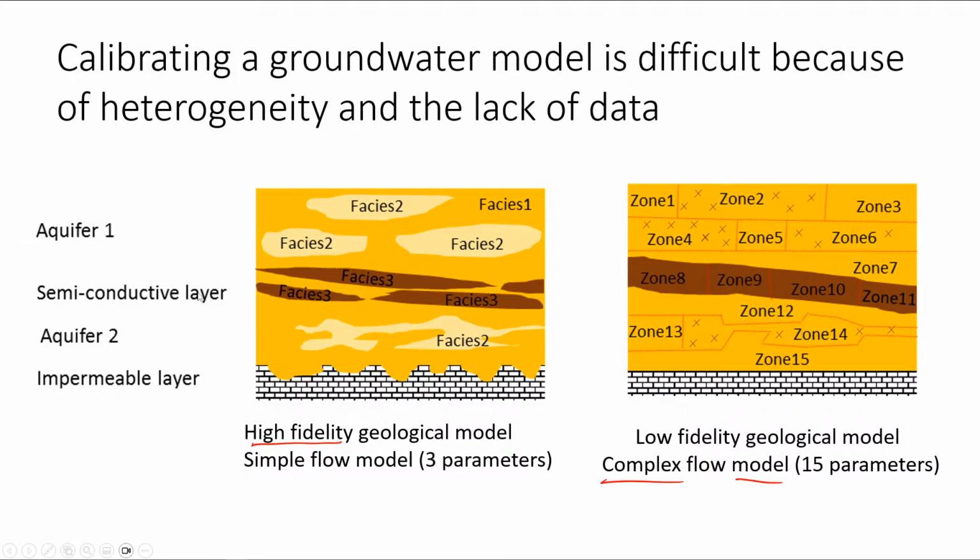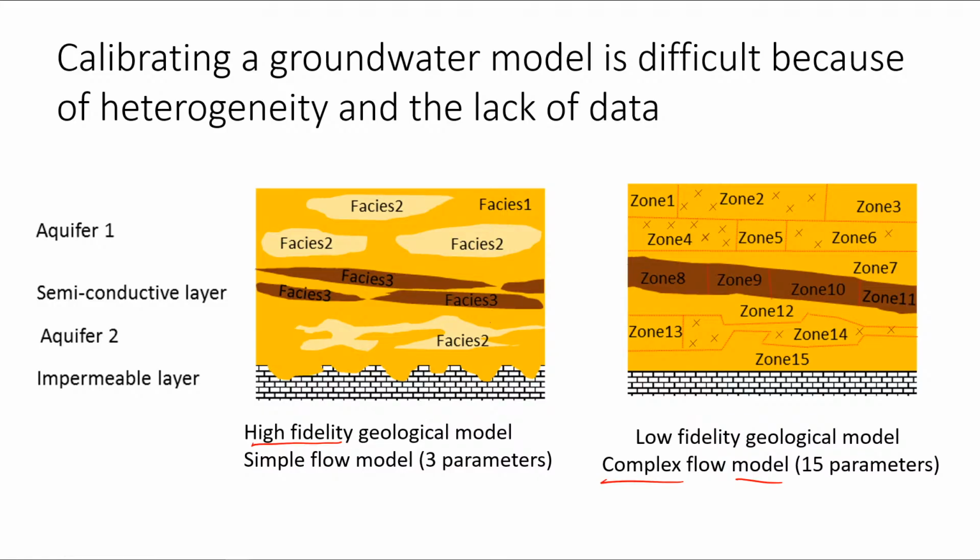High fidelity means it's realistic, more representative of the aquifer. Here it is high fidelity with respect to geology, because the geology would not look like these sharp zones. It would look more like this smooth transition. So this is a high fidelity model because it is more representative of the actual field condition or the actual aquifer.